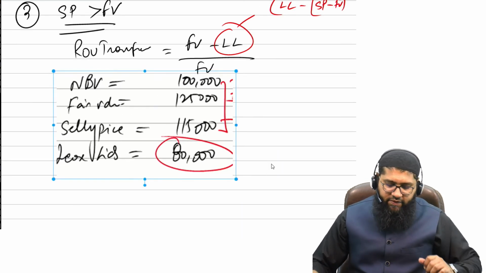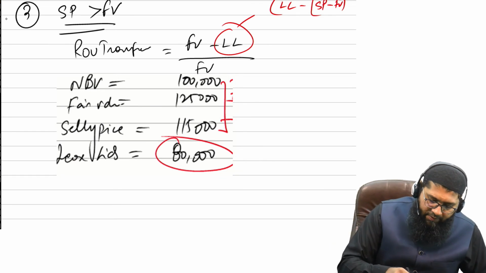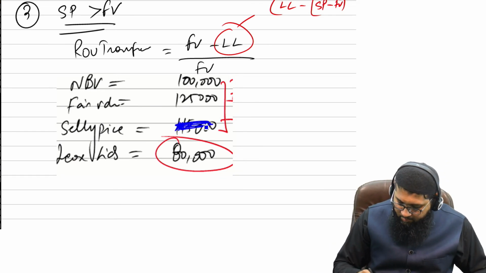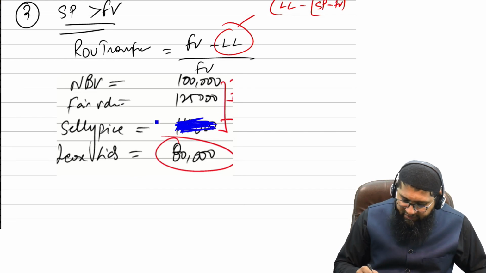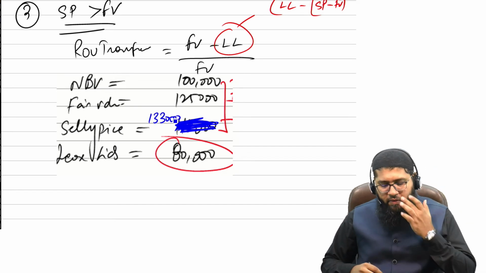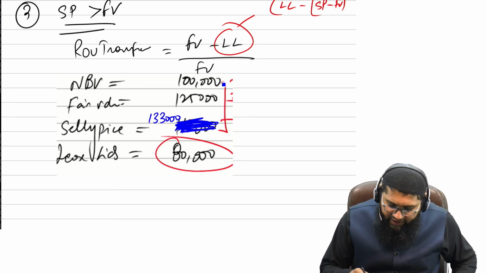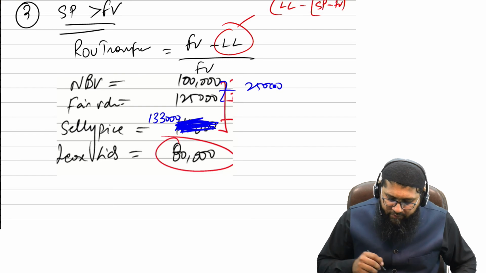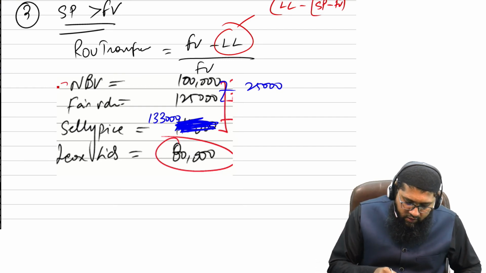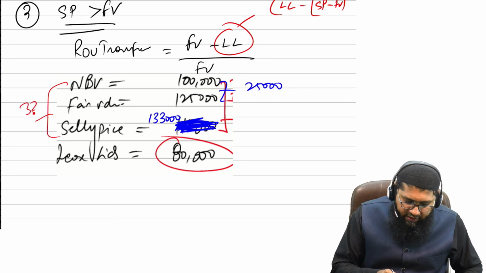For example, in this example, let's assume that the selling price is 133,000. Realistically the gain should have been 25,000, but actually the gain arising here is 33,000.